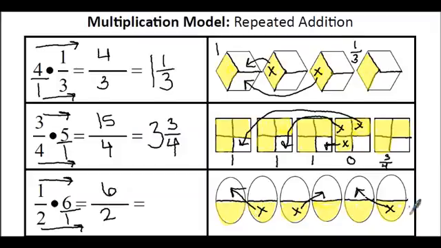So I have 6 halves, and I move these pieces around. I have one whole oval here, 0 here, 0 here, because I moved those pieces, one whole here, and 0 here. So I have 3 whole ovals when I move those 6 halves around. And we get a final answer of 3.